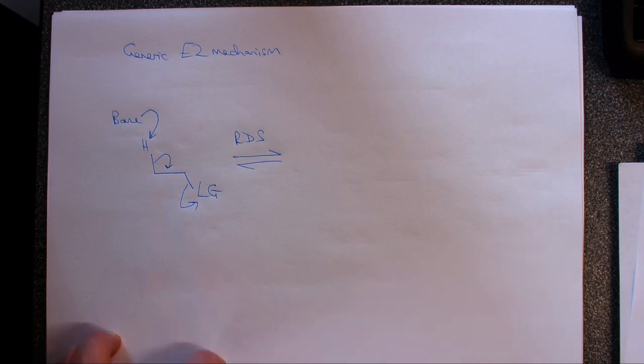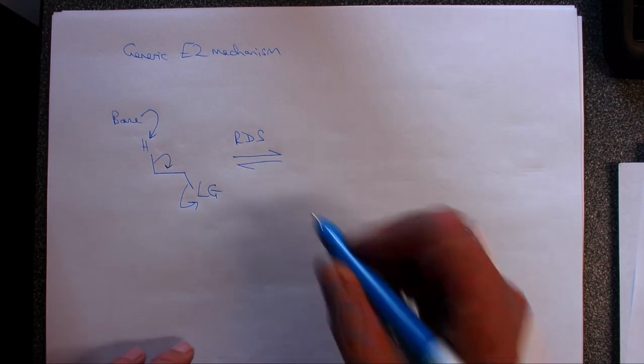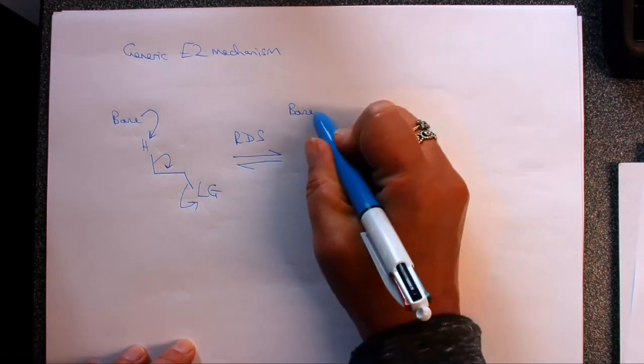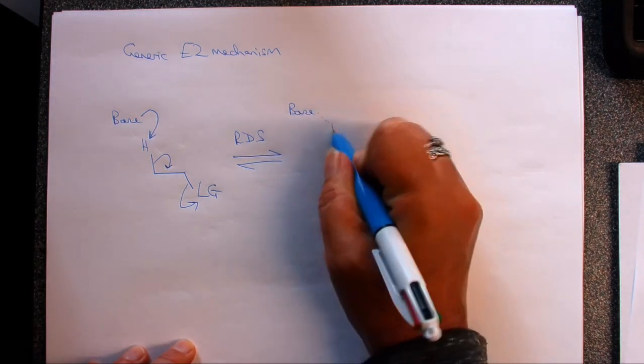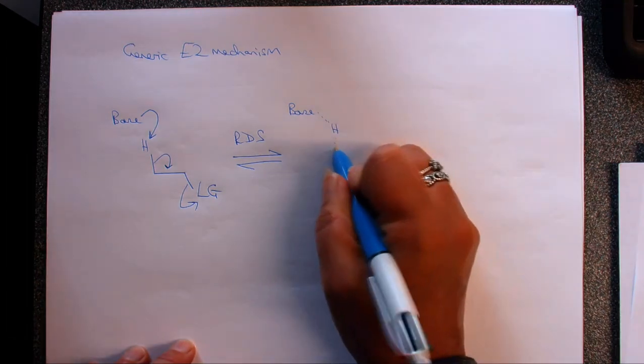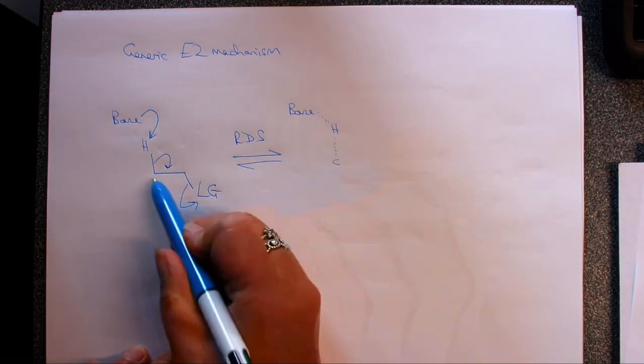And you might remember from the SN2 reaction, we can draw dotted bonds to show partial bond formation or partial bond breakage. So we're going to get a bond forming in the transition state between the base and the hydrogen. We're going to get partial bond breakage between the hydrogen and the carbon, so that carbon there.